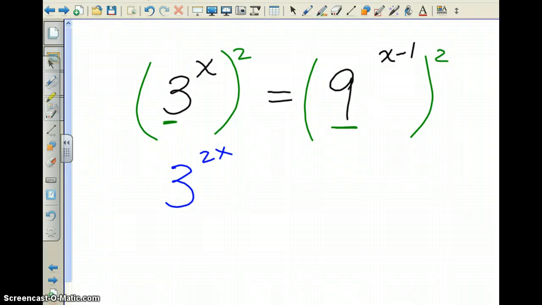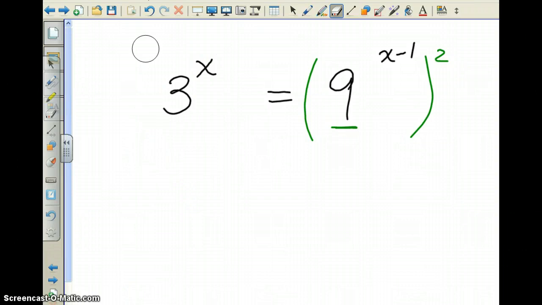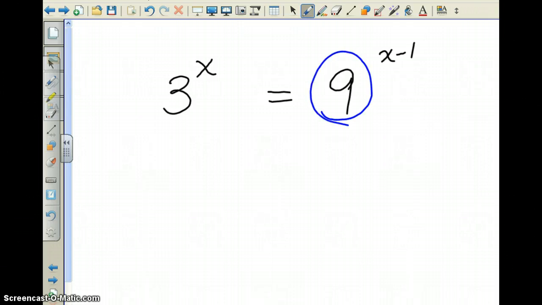So there has to be another way to make the bases in this equation be the same. And we can do that by substitution. We are going to substitute a value for 9 that has a base of 3. So we should all know off the top of our heads that 3 squared is the same thing as 9.